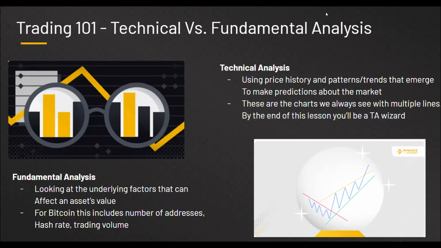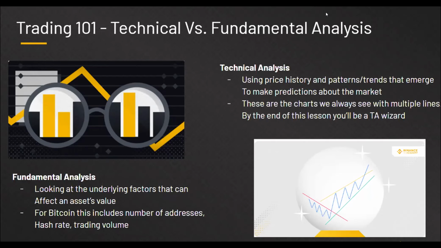And for fundamental analysis, you're looking at the core use cases of that blockchain or that cryptocurrency or token. You're saying, okay, why would this coin make a lot of sense in the future? Oh, because it's solving this problem.